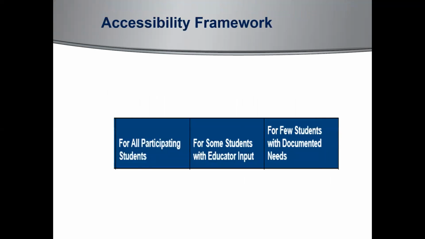This manual presents a three-tiered accessibility framework of universal features, designated supports, and accommodations, with an understanding that in the future, test vendors may add a fourth tier of administrative considerations.